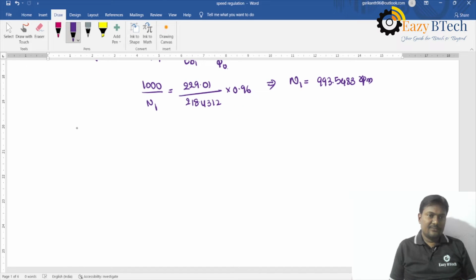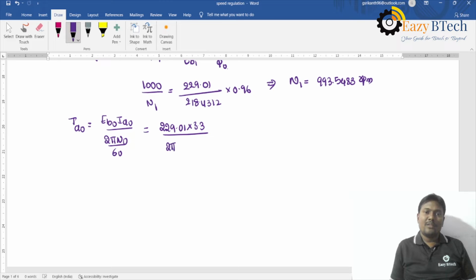After that, TA naught, the torque produced under no load conditions, is EB naught IA naught divided by 2 pi N naught by 60, which is 229.09 into 3.33 divided by 2 pi into 1000 divided by 60, giving 7.2167 Newton meter. Then the torque is directly proportional to flux into IA.